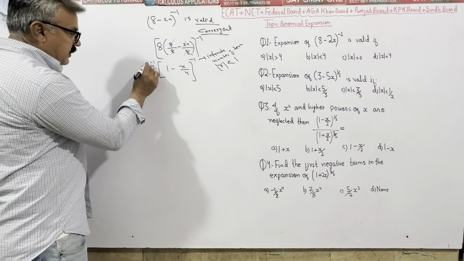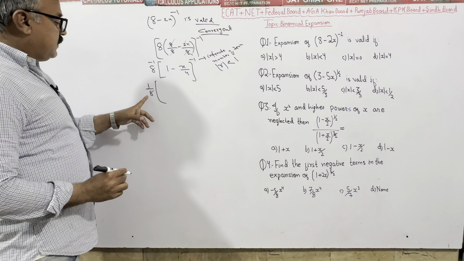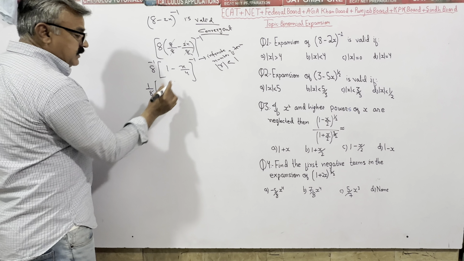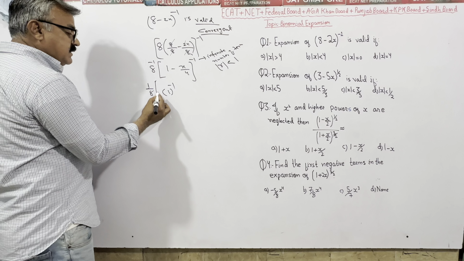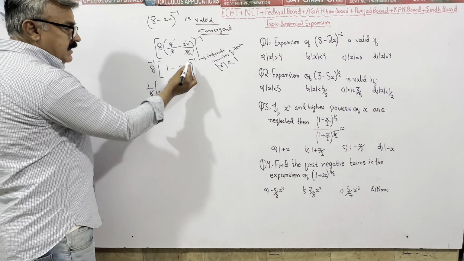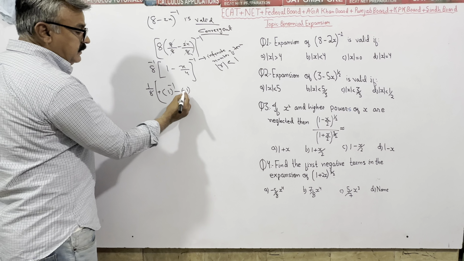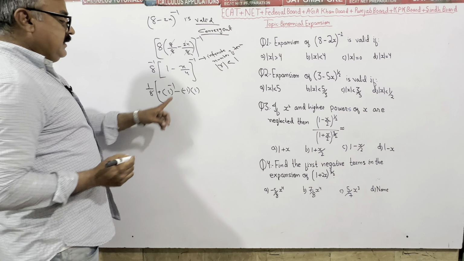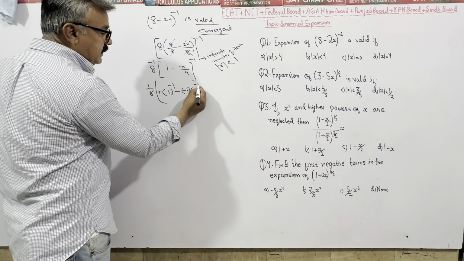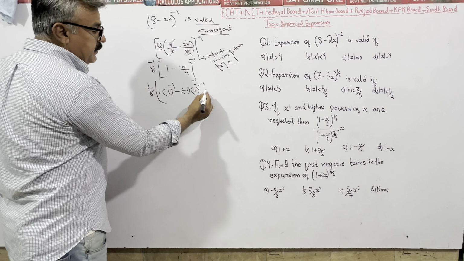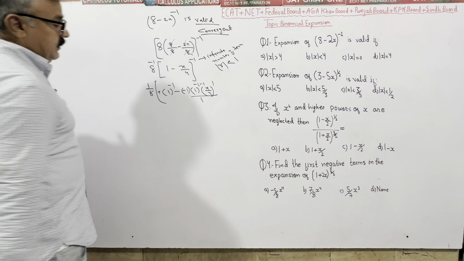Let's see how. 8 raised to minus 1 can be written as 1 over 8. It doesn't bother us. Expand this: 1 raised to minus 1. The middle symbol is negative, the first term is positive. Drag the power down, subtract 1 from the power, minus 1, and give the second term power 1, x over 4, overall 1 divided by 1 factorial.